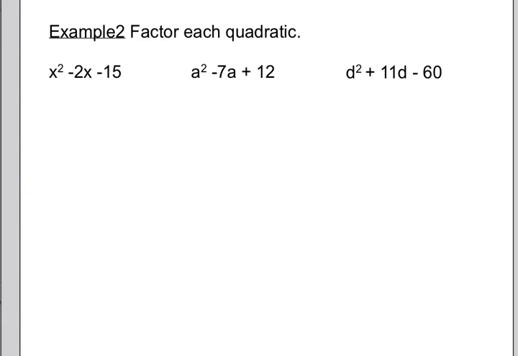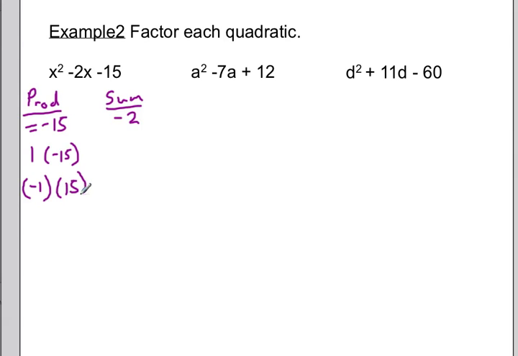Okay, now another couple of examples. These involve some negatives. In this expression we have a product equal to negative 15 and a sum of negative 2. To get a product of negative 15, we can have 1 times negative 15, or we can have negative 1 times 15, but those won't give us a sum of negative 2.